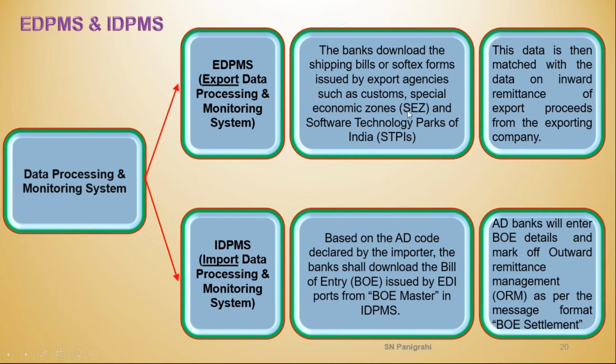If suppose you have exported certain goods or services, but the corresponding payments are not received, then the AD bank, the authorized dealer bank, generally every 6 months updates and reports to the RBI. If they are not received in a reasonable time and the permitted times, as I told you, within 9 months or the extended 6 months, first extension, like that, if they are not received within that extended period, then these details will not be updated in EDPMS.